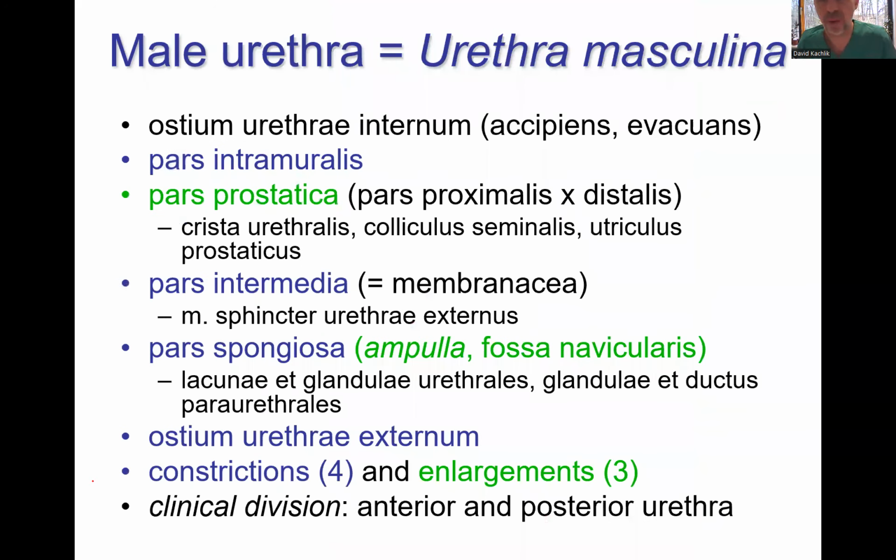So, and continue with the male urethra. Unlike the female urethra, it's longer, up to 20 centimeters. It's narrower. It is twice curved. And it is narrowed at some places more than in the other. So it originates as an ostium inside the urinary bladder, and then it continues as the intramural part, and it enters prostate.